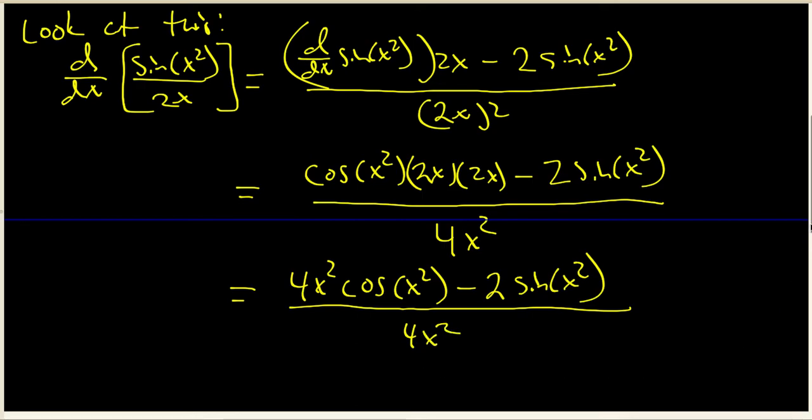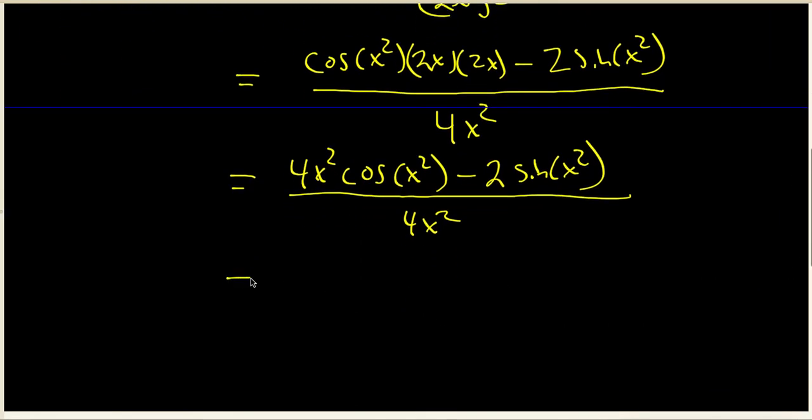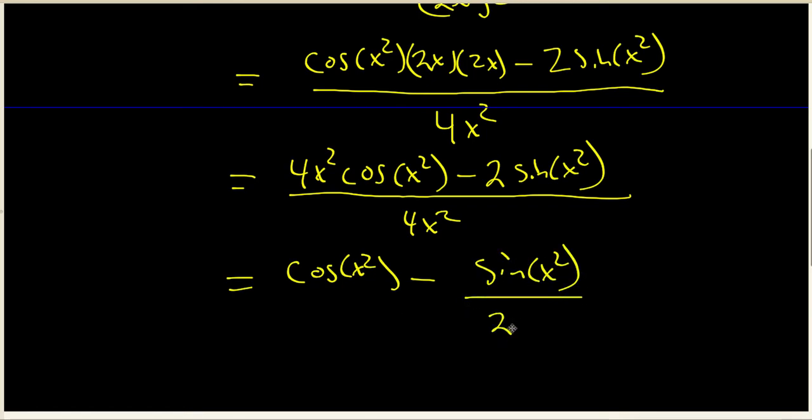And I can do one more piece of algebraic simplification. This will simplify to cosine of x squared minus the sine of x squared over 2x squared. And that is most certainly not equal to cosine of x squared, which was the integrand in our original problem.